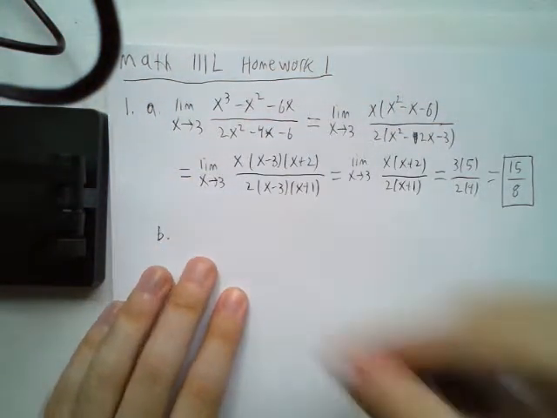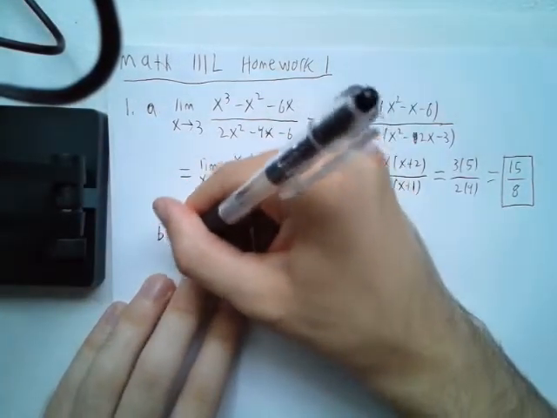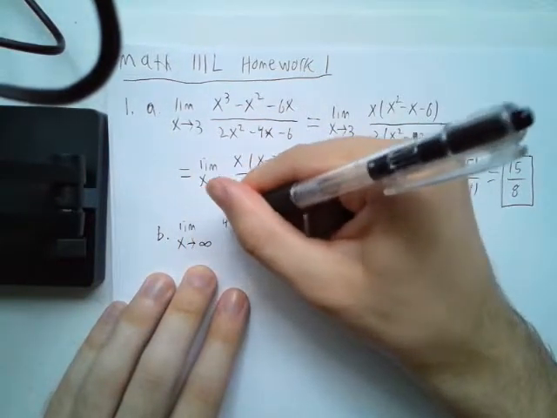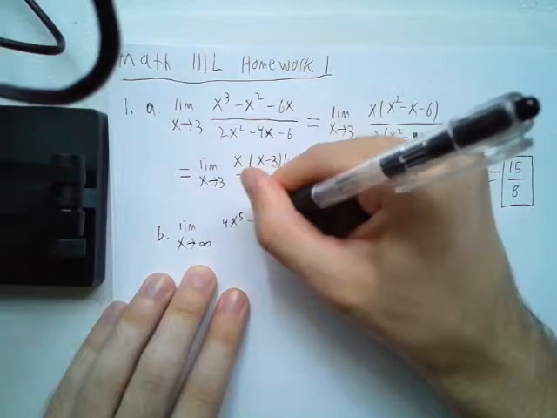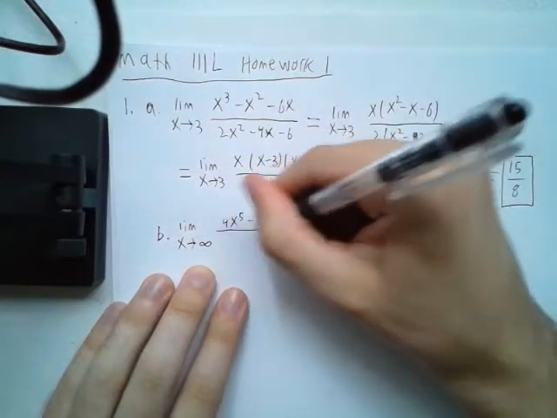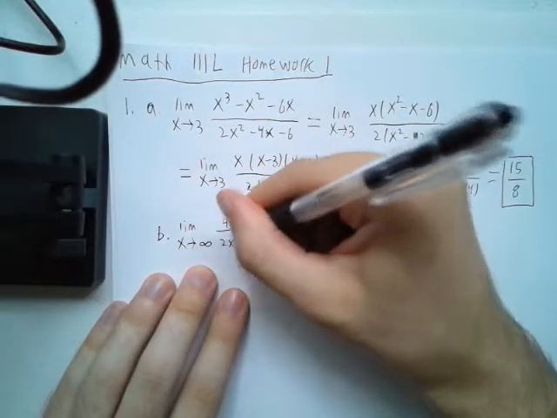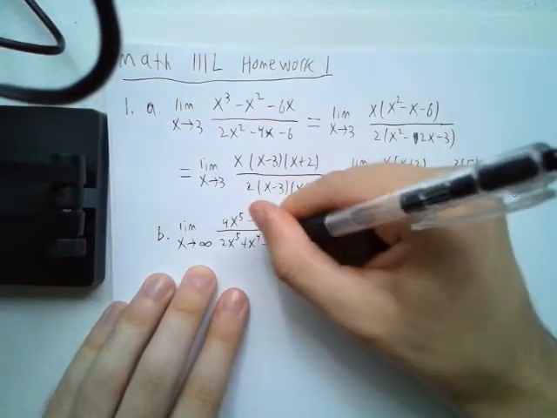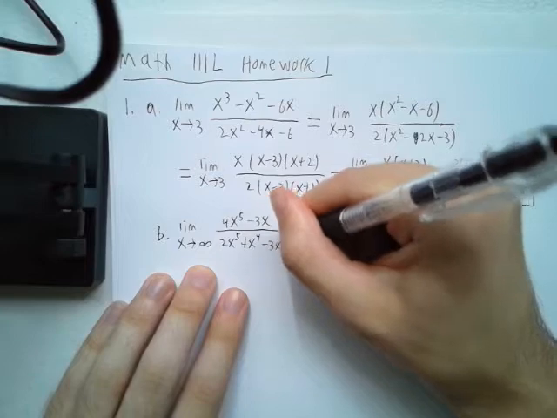Okay, so the next one asks about the limit as x approaches infinity of 4x to the 5th minus 3x, divided by 2x to the 5th plus x to the 4th minus 3x cubed plus 1.